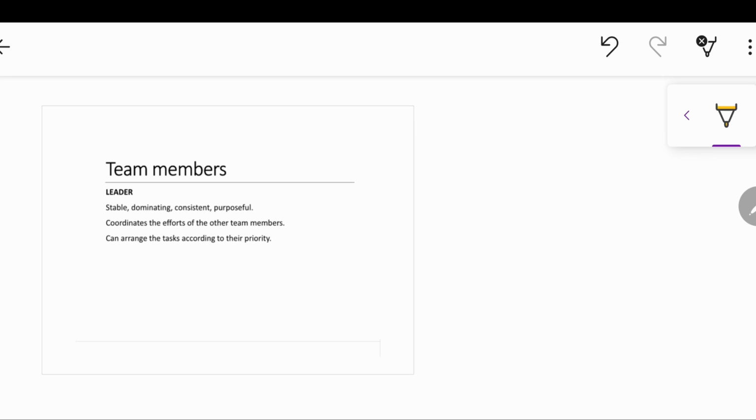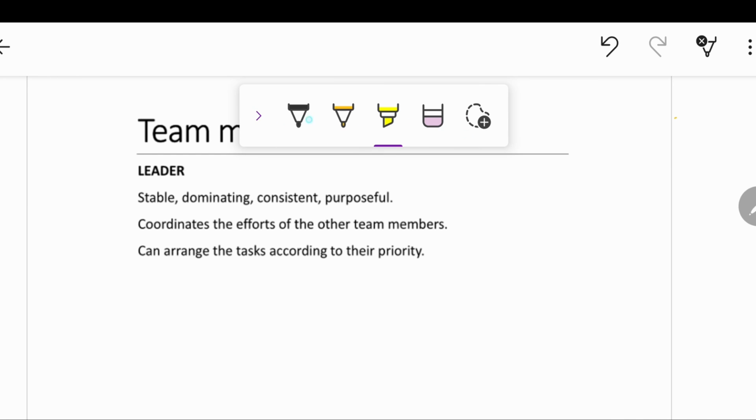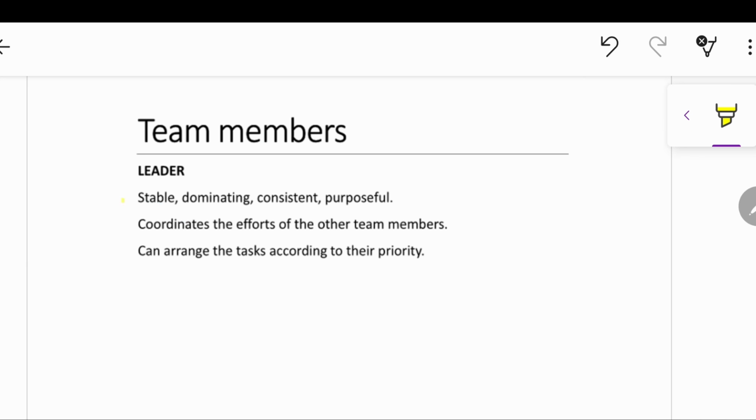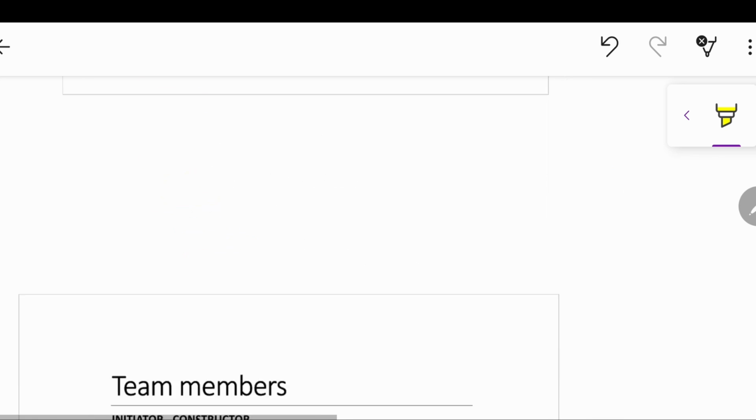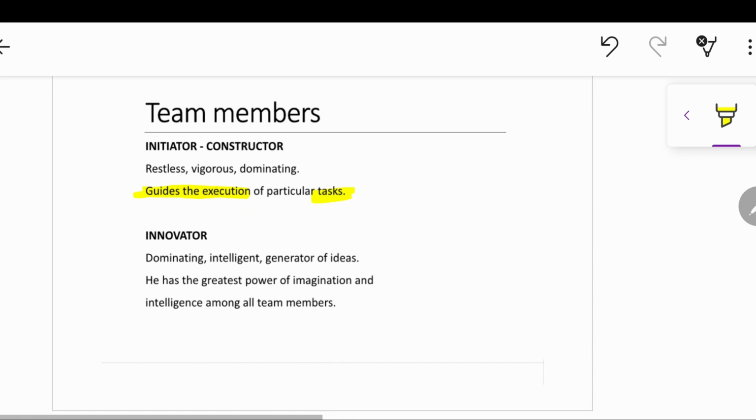So of course we have discussed the leader. The leader is someone who's stable and powerful and can coordinate the team. Next we have the initiator or the constructor. The initiator is someone who guides the team and guides in the execution of tasks. They are the guiders.